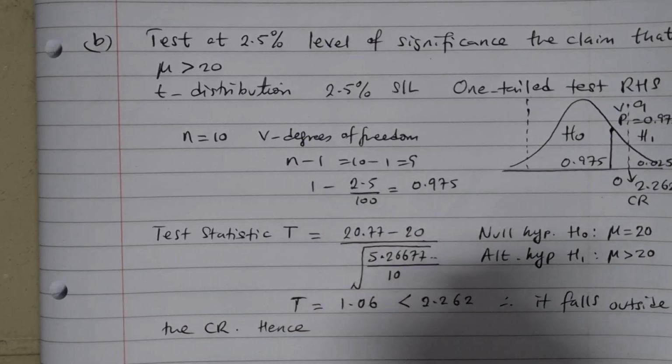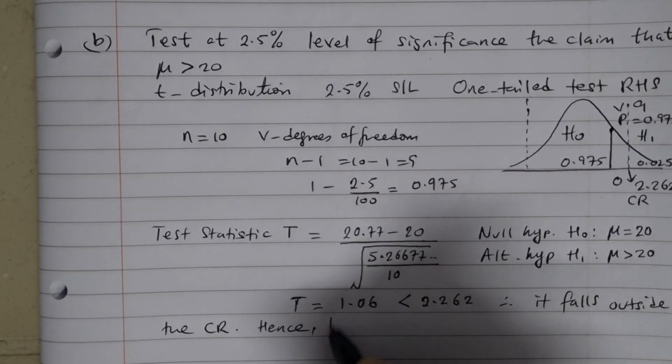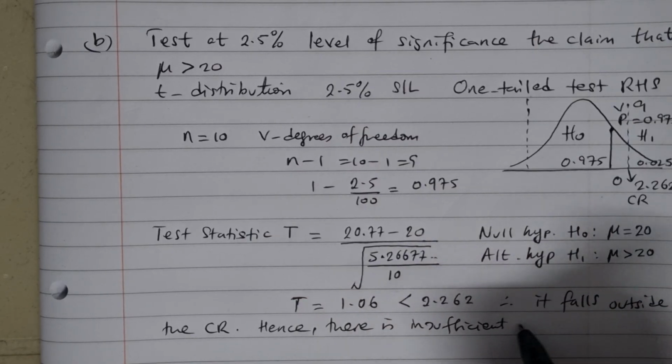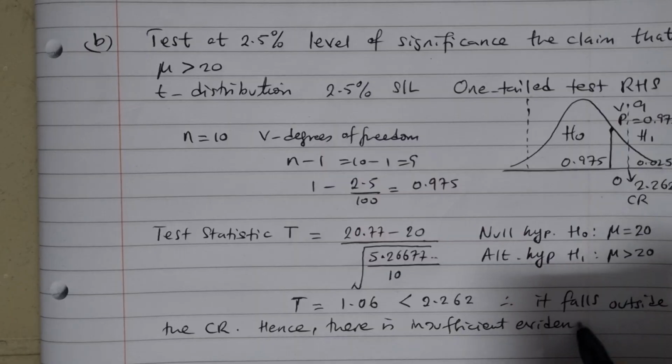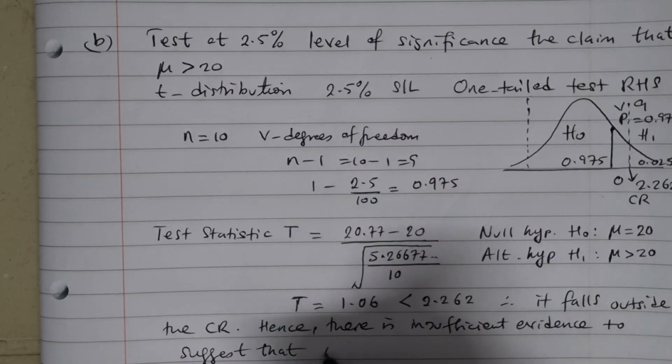Hence, H0 is not rejected, so there is insufficient evidence to suggest that the mean mu is greater than 20.